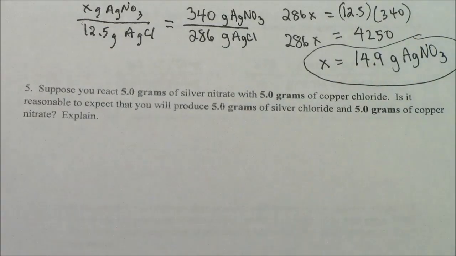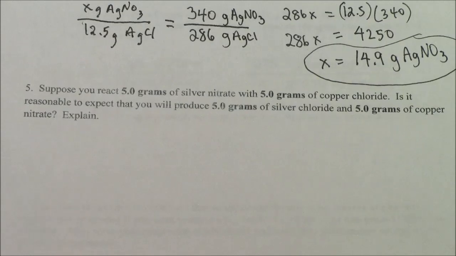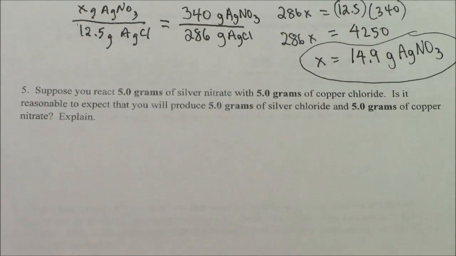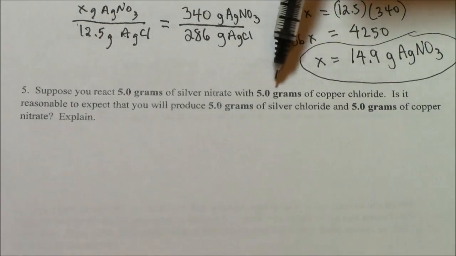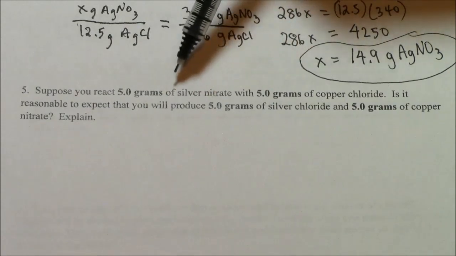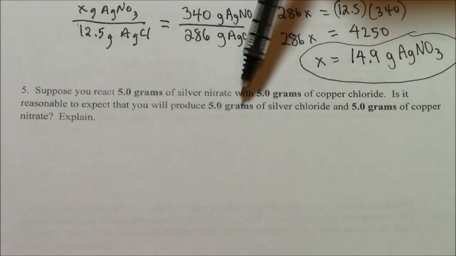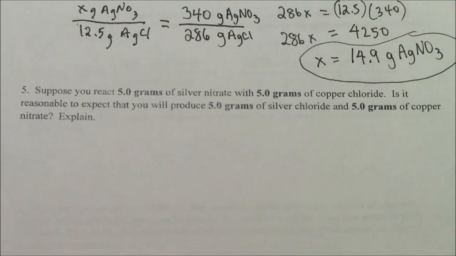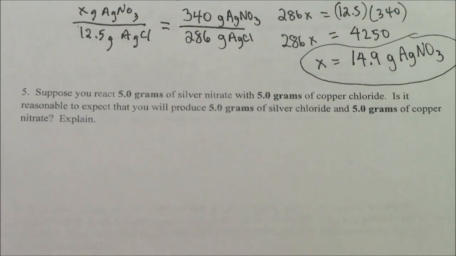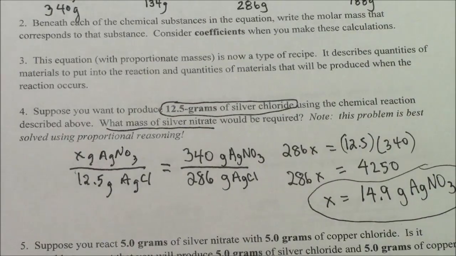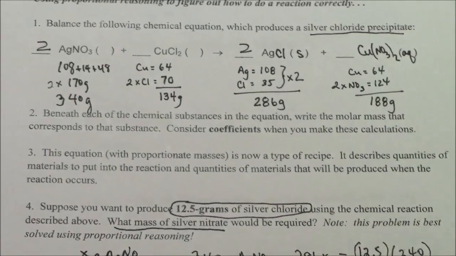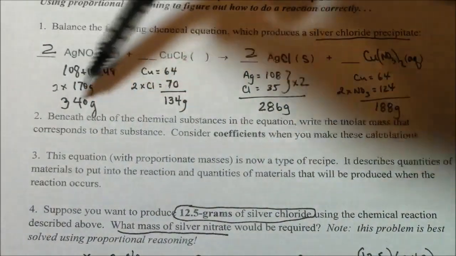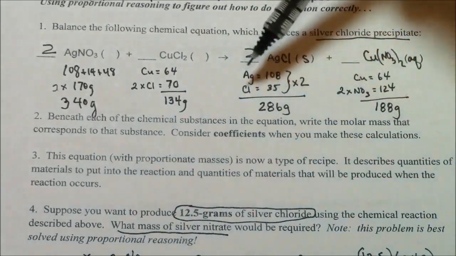This last question is very interesting from a chemist's point of view. You're putting in a total of 10 grams of reactants, and it says, can you expect to produce 10 grams of products in these 1-to-1 ratios? The conservation of mass says that whatever mass you react will produce an equal mass of products.